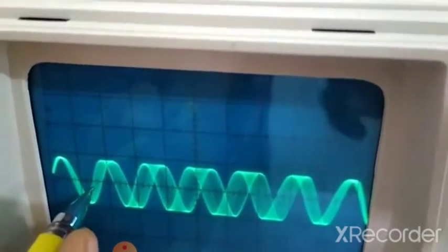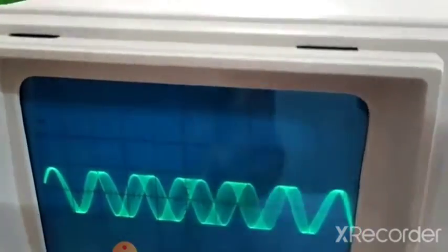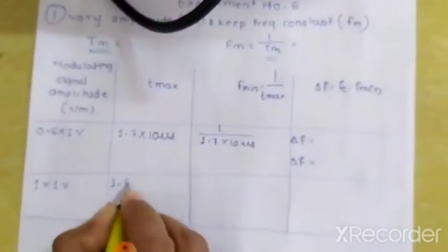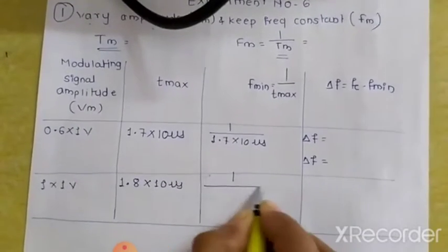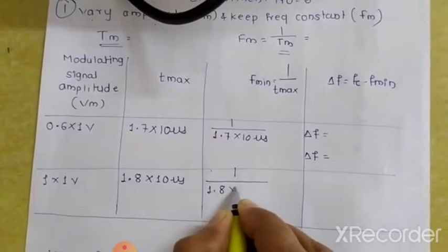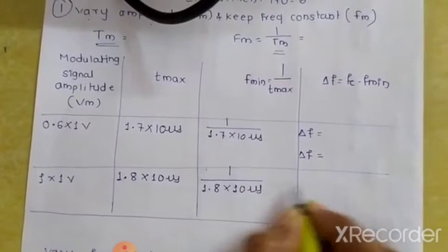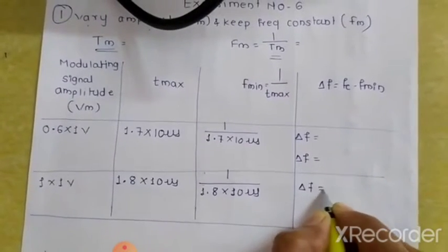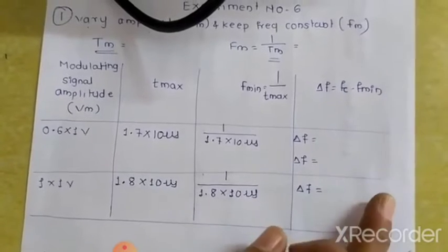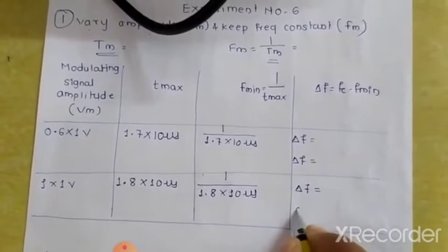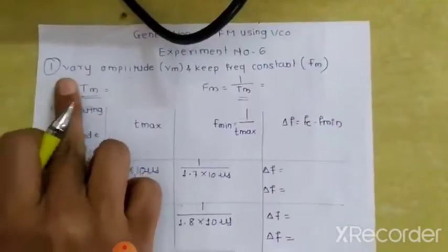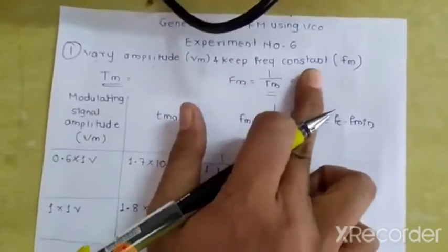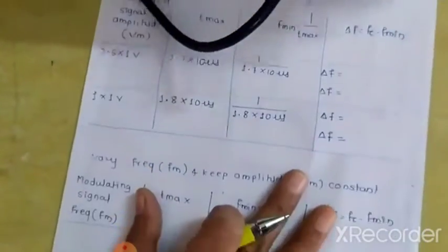It is at 1.8 into 10 microsecond, and F mean is equal to 1 upon 1.8 into 10 microsecond. Then you will get the F mean. As we know the value of Fc and the value of F mean, you can easily get the value of frequency deviation. So this is the first observation table.